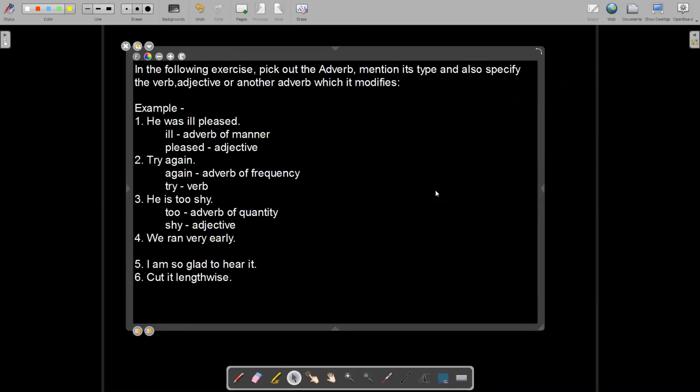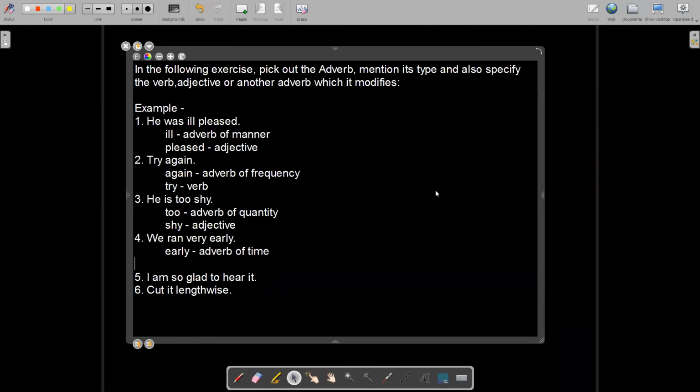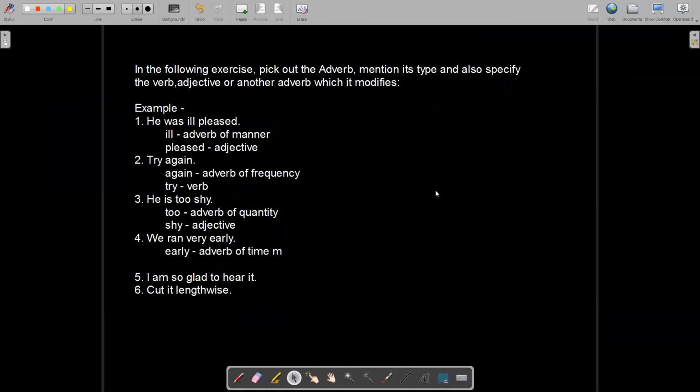Next is we ran very early. So now over here you have 2 adverbs. One is early, and this is the adverb of time. Very early. It's showing a point of time. And it modifies what?